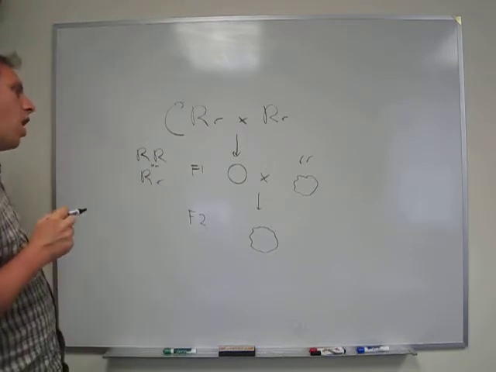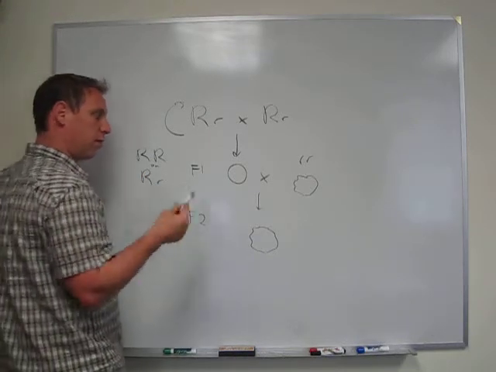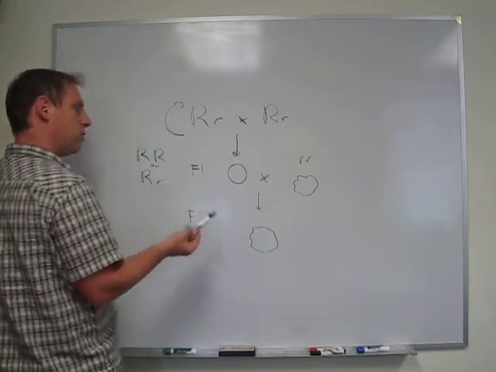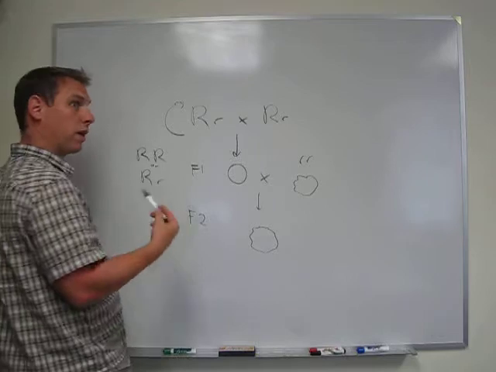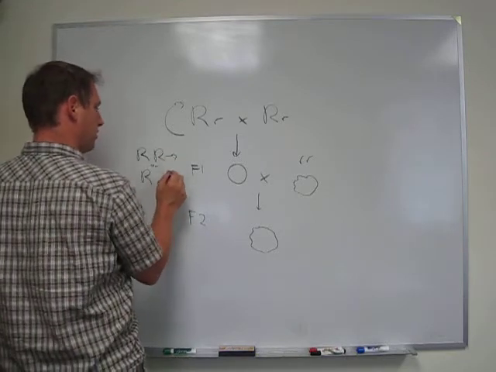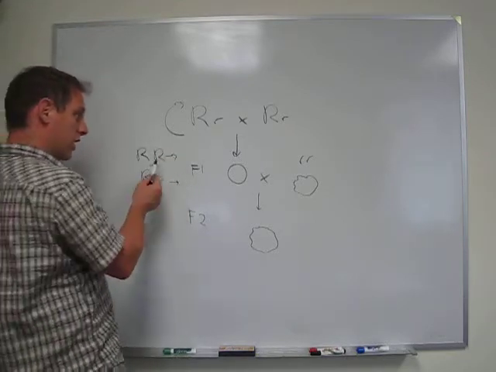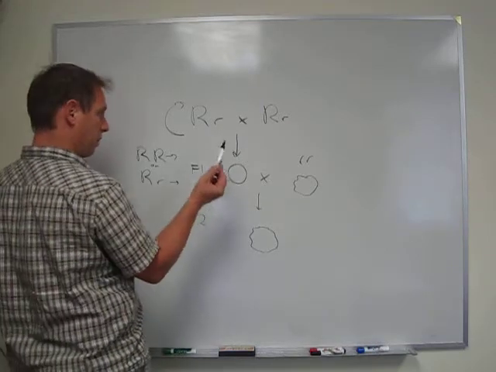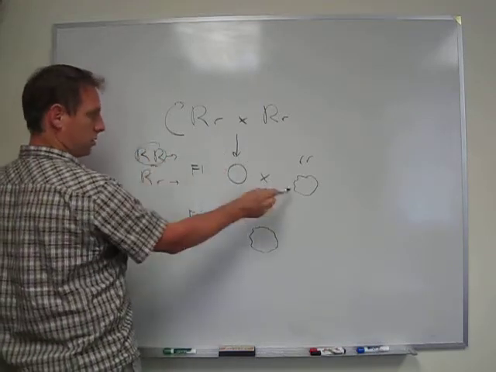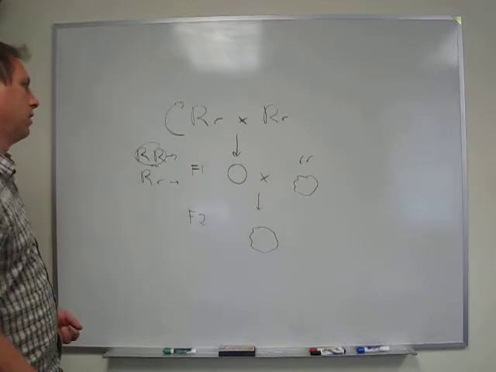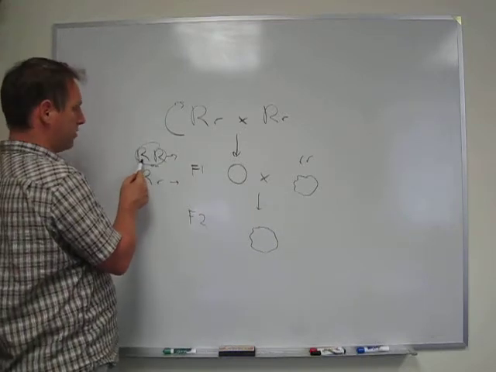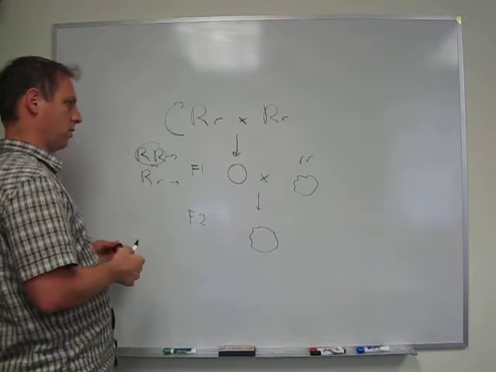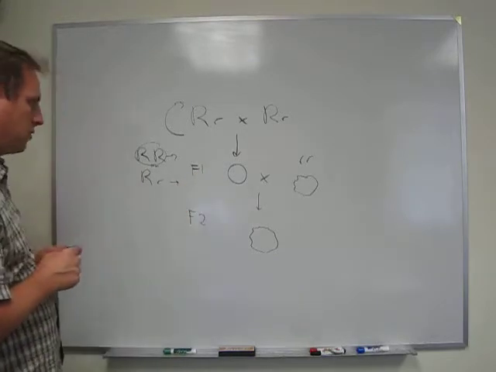The probability that this particular outcome occurs depends on the probability or condition of this or this. What is the chance that you would actually produce a wrinkled pea-bearing plant from this genotype crossed with this genotype? Well, it's none, right? Because this will pass on either this copy or this copy, so all of these progeny would then be big R, little r. This is called a test cross.